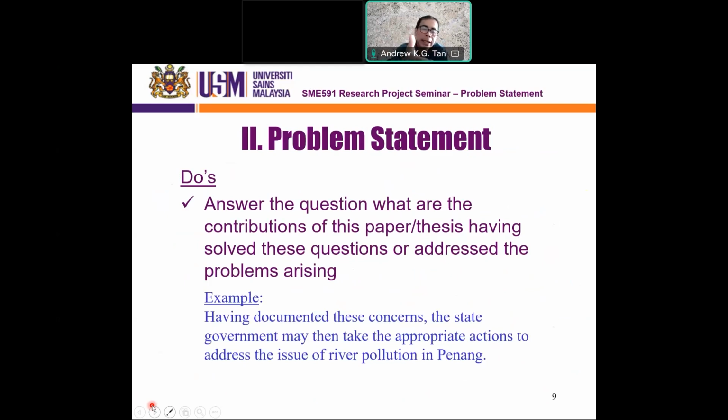All right, so here you have answered the question. These are the contributions of the paper, of the thesis. Once you document the concerns, then the state government may take appropriate actions to address the issue of river pollution in Penang.